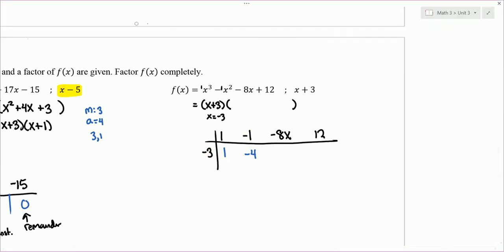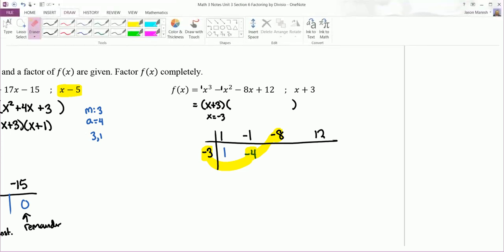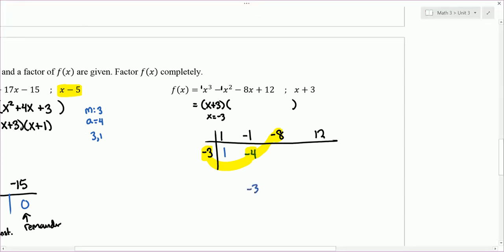And then negative 3 times negative 4 plus negative 8, and I don't know why I put the x there, I apologize. Erase that x. Shouldn't have any x's on this. So negative 3 times negative 4 plus negative 8. That's going to give you 12 plus negative 8, which is 4.